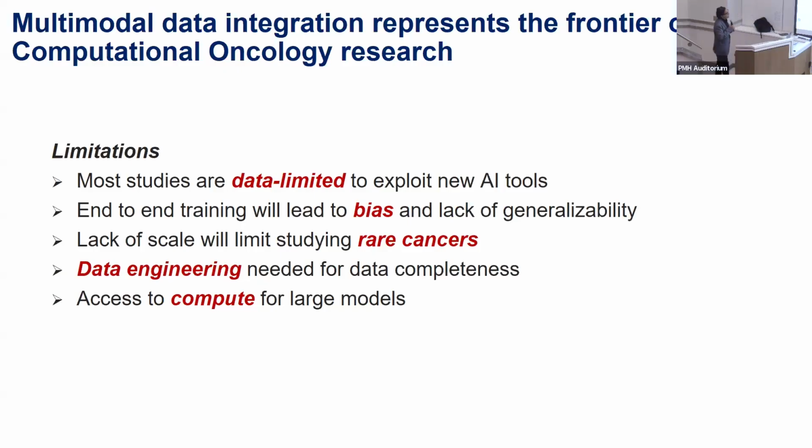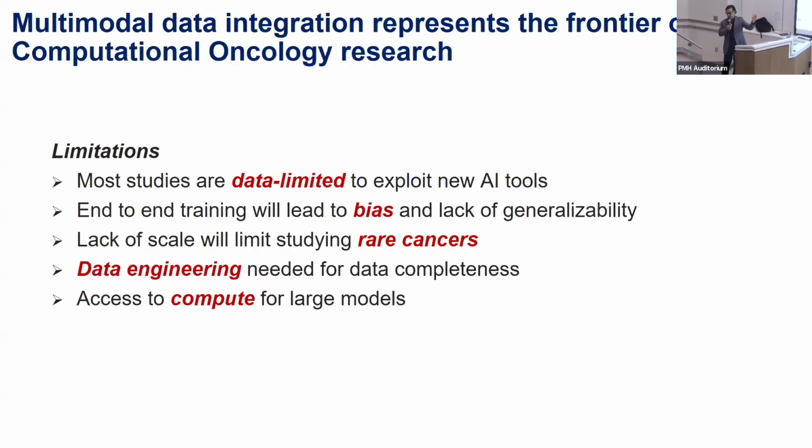All right. So then the last few minutes. I think everything I've shown you is data limited. And so if we're really going to exploit AI tools, we have to overcome these limitations. Any kind of end-to-end training on one institution's data or on a small-scale study will lead to bias inevitably and lack of generalizability. So the model will do well on your test set from your particular cohort of interest, but likely won't generalize well to somewhere outside. That lack of scale will also limit studying rare cancers.